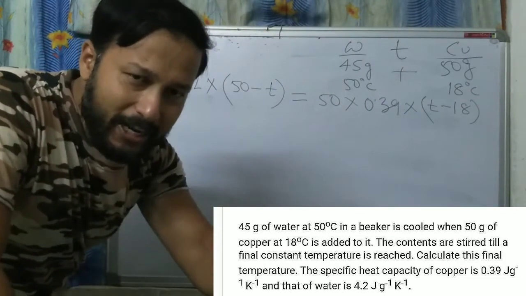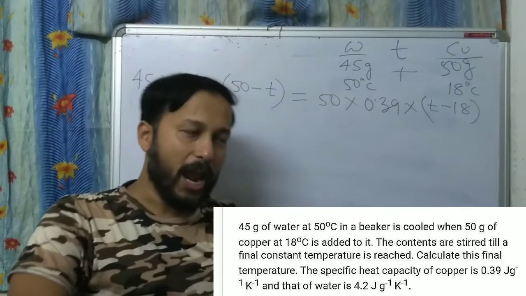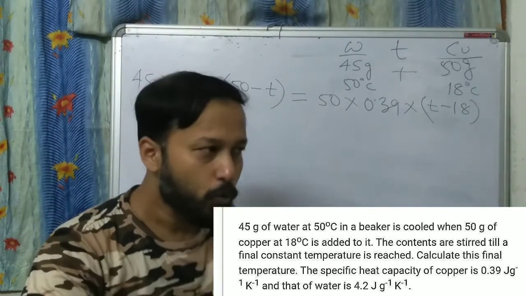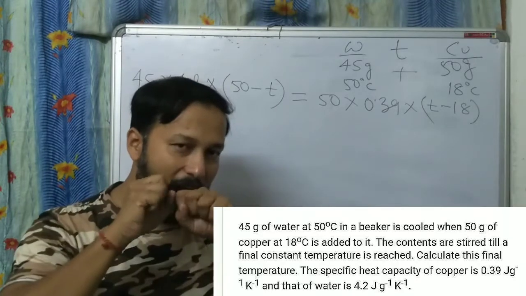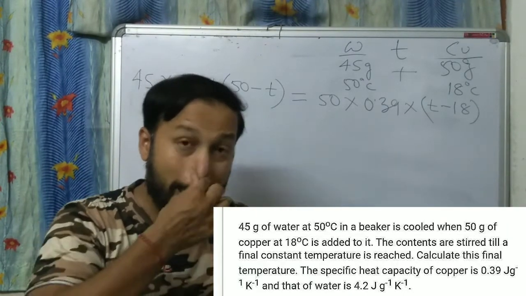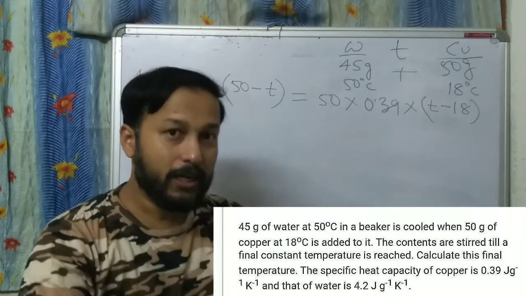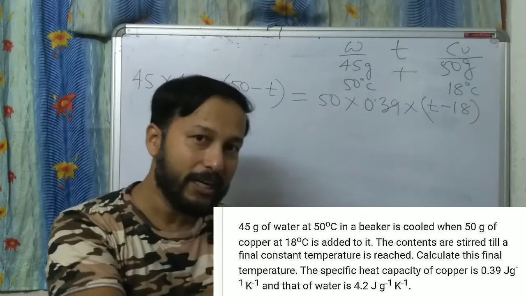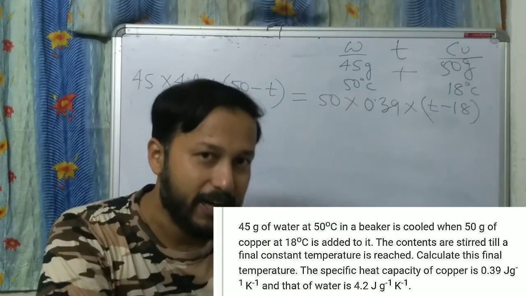So the same technique: who is giving heat and who is taking heat? First of all, you have to identify that. After identification, the formula is the amount of heat given equal to amount of heat taken.